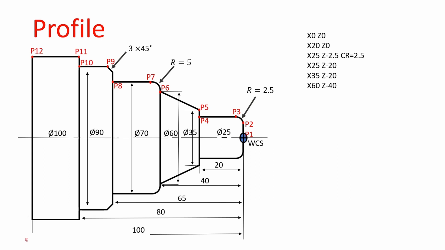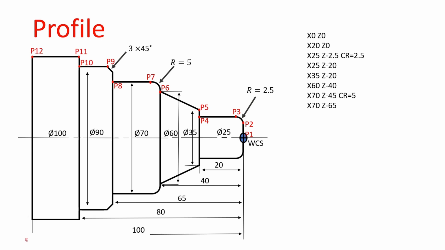Next, P7 point. That point value is X70, Z minus 45, CR equals 5. 70 is the ending diameter of the radius, and minus 45 is the radius ending length. Next, P8 point. That point value is X70, Z minus 65. Next, P9 point. For chamfer creating purposes, we are using the CHR method.